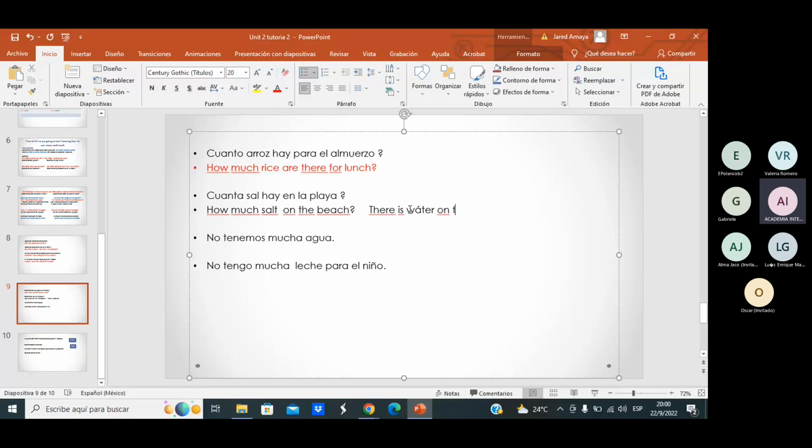But this is a question, why am I using there is and not there are? Because with uncountable nouns, we use there is and not there are. There is water on the floor. Okay? Is that clear?